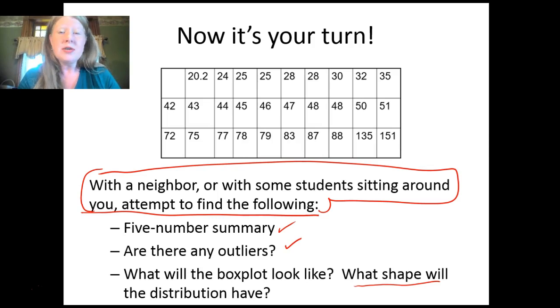Once you get your box plot, once you see how the numbers compare to each other within the 5-number summary, do you think you're going to have skewness? If so, in what direction? Or do you think it looks like a more symmetric type of distribution? So again, pause, try to work through this to the best of your ability, and then come back and see my way of working through it.